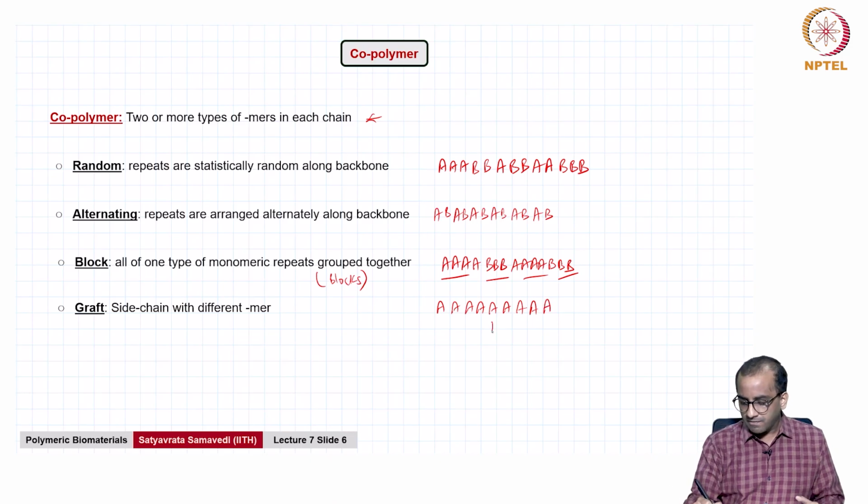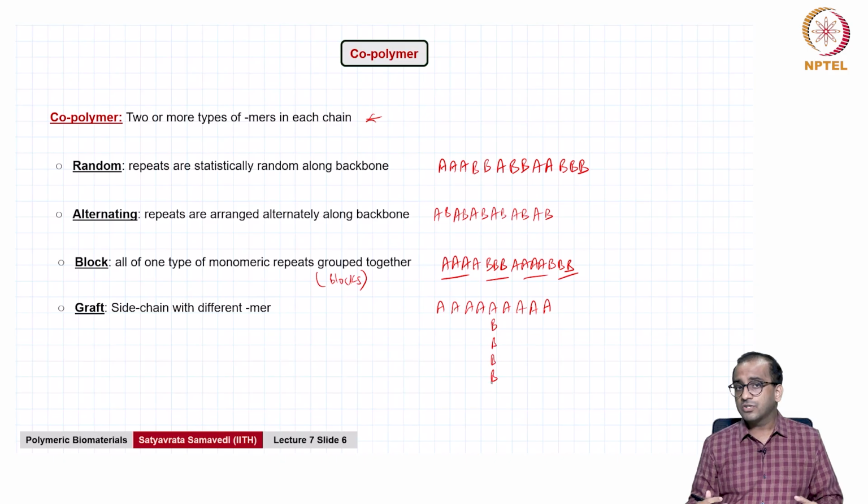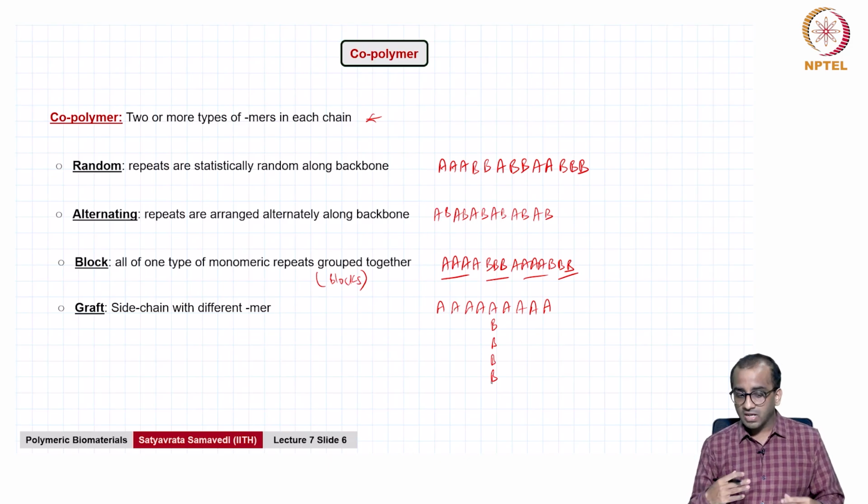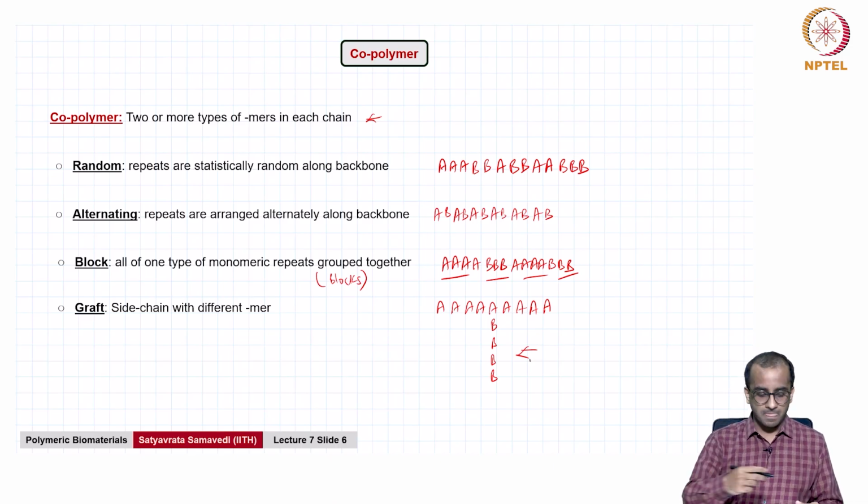You can also have branches coming out this way, where the branch is a different mer. So, you see, just based on having more than one mer, you can have multiple types of copolymers depending on how the mers are arranged along the backbone, and in the last case, where you can have grafts coming in, that can give specific types of functionality.